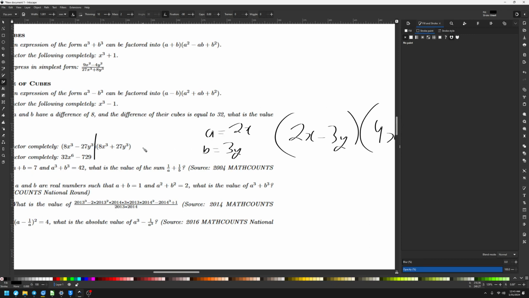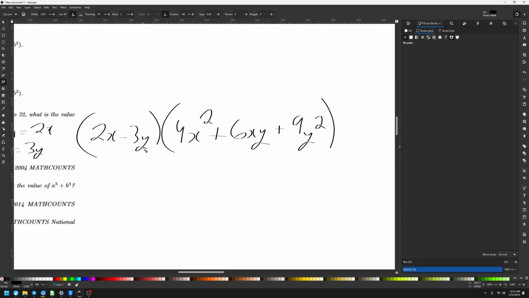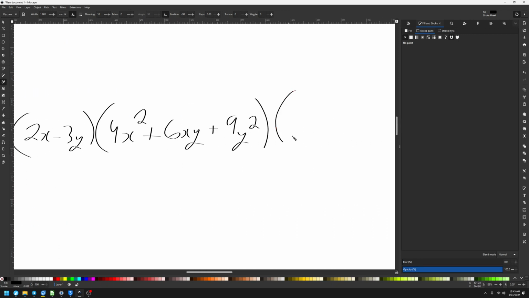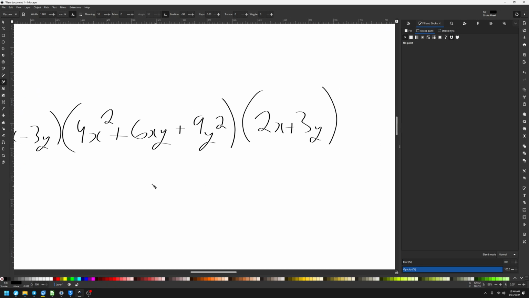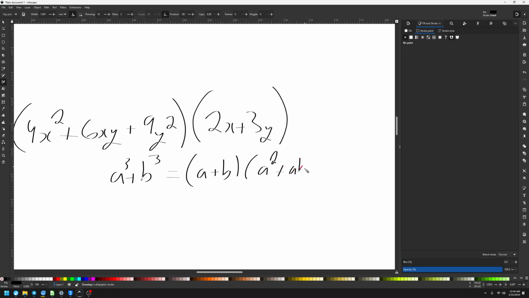Okay, time for the second part. We're going to have 2x plus 3y, and for reference, we could write the formulas. a plus b cubed is equal to a plus b times a squared, not plus ab, sorry, minus ab plus b squared.